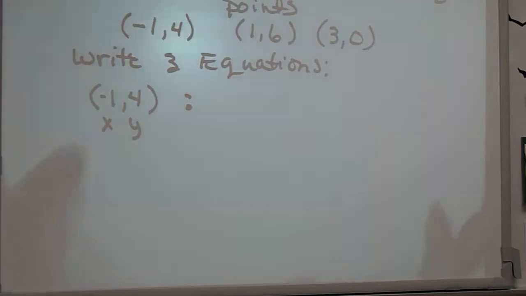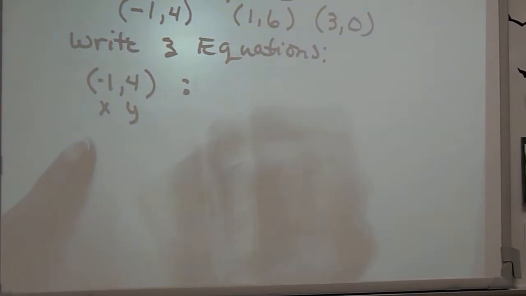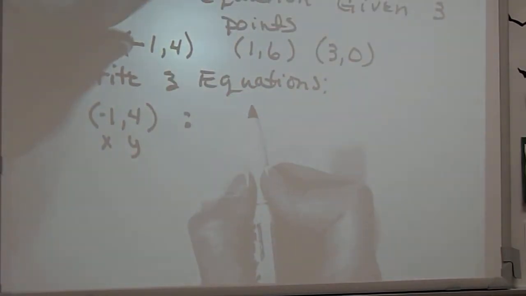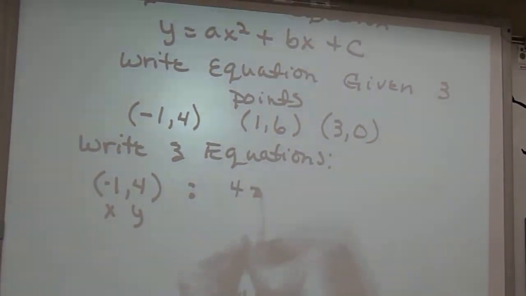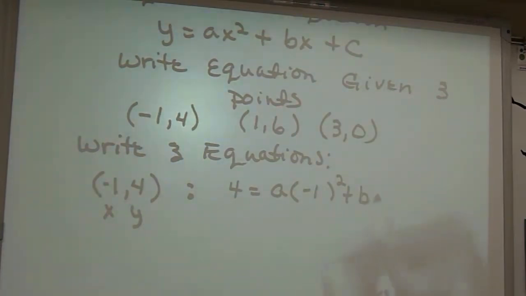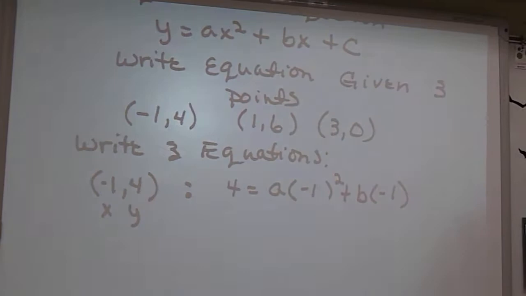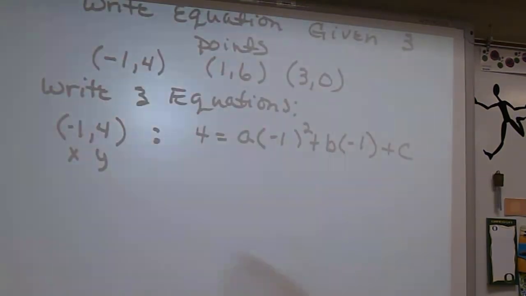We're going to go backwards. We're substituting for x and y this time. So into this equation, in place of y, I'm putting 4. In place of x goes -1 squared times a, plus b times -1, and then I have my plus c. All right, that's my equation 1.